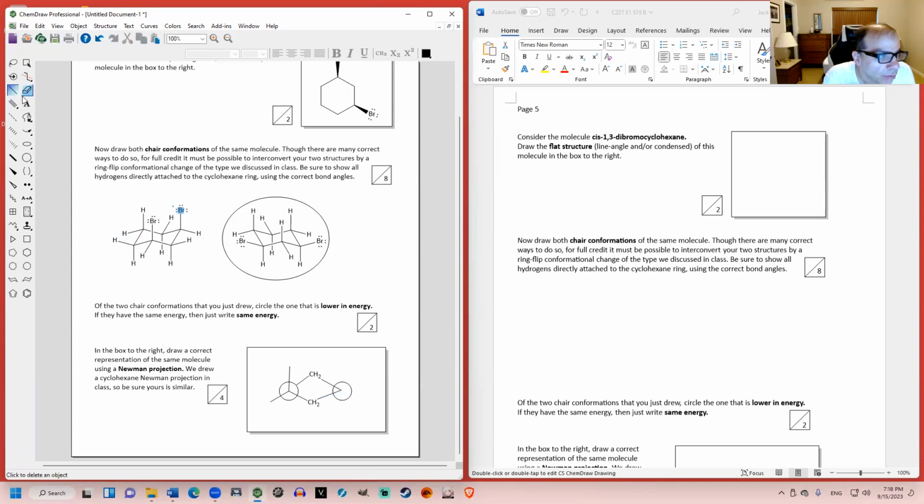Oops, I screwed up this one. This is definitely not my greatest Newman projection ever.